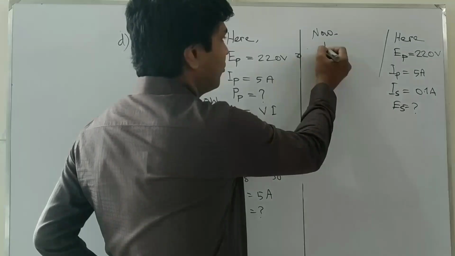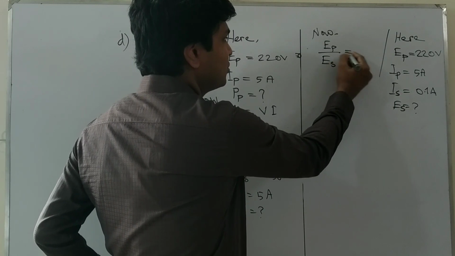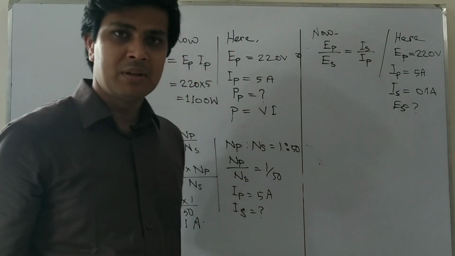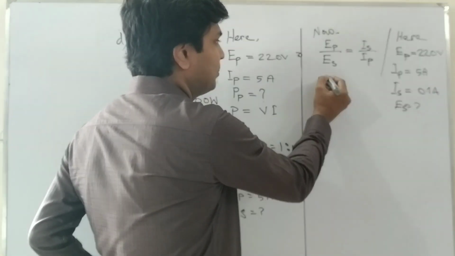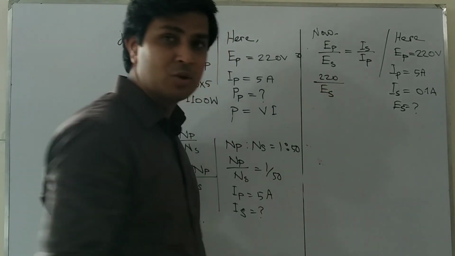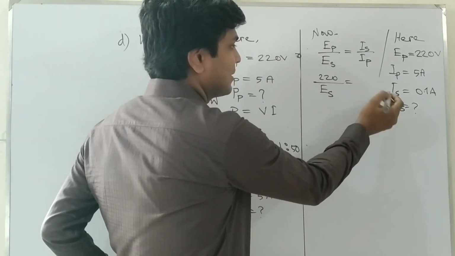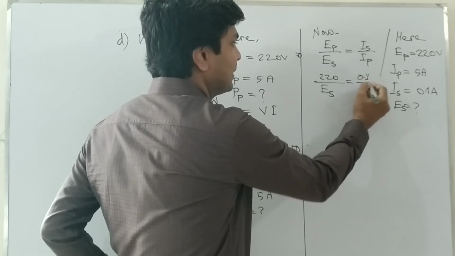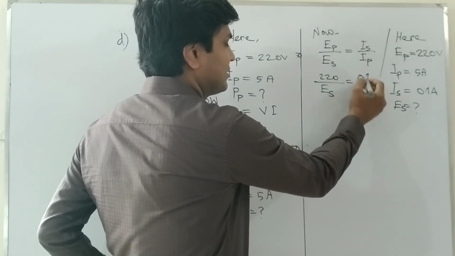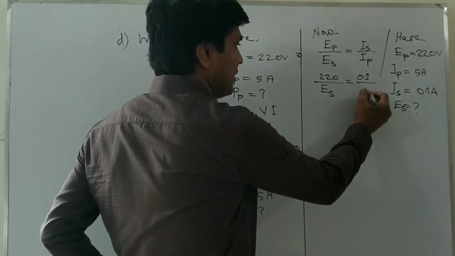We know the formula is EP divided by ES equal to IS divided by IP. Here EP is 220 volt, IS is 0.1 ampere, and IP is 5 ampere.